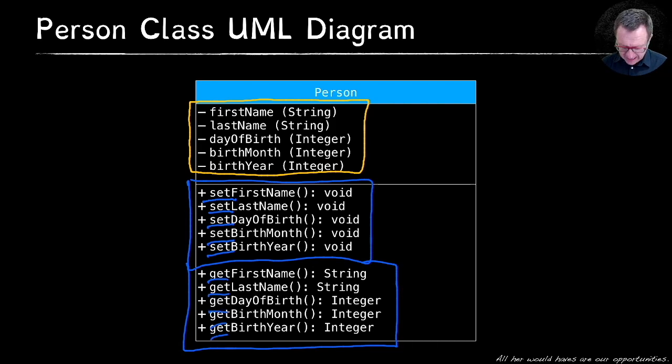So these are our setters, and these are our getters. We're going to talk a little bit more in a moment about setters and getters. And what you'll see is there is a setter and a getter for each class field.